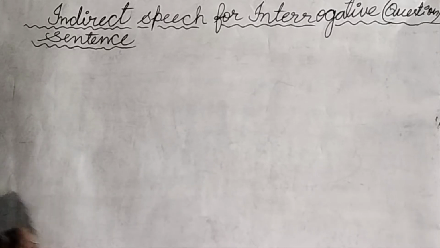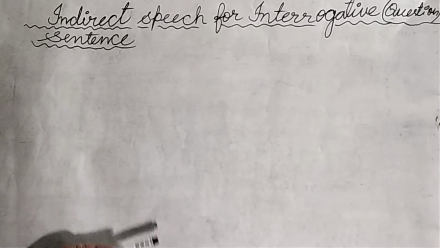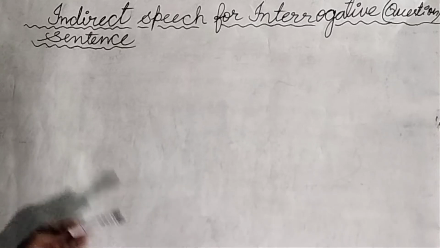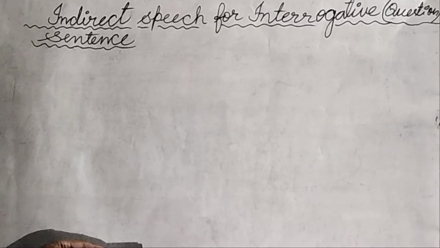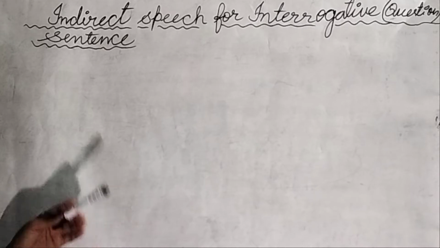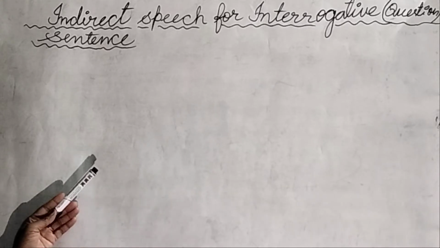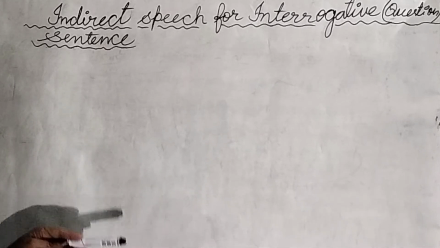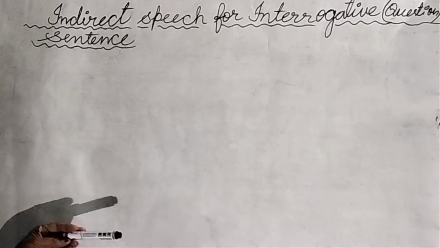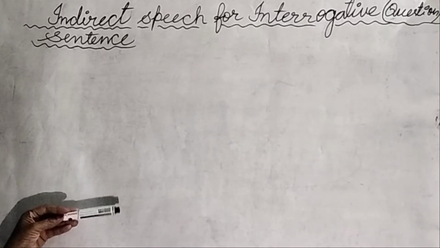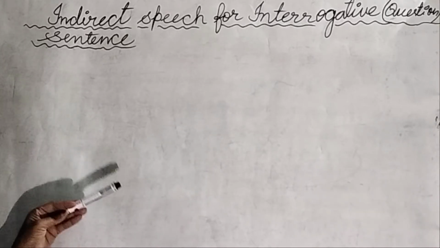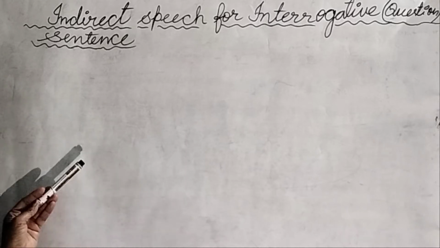Second, the word that is not used between reporting verb and reported speech as a conjunction in indirect speech for a question sentence. And third and last, the question mark is not used in indirect speech. Okay.